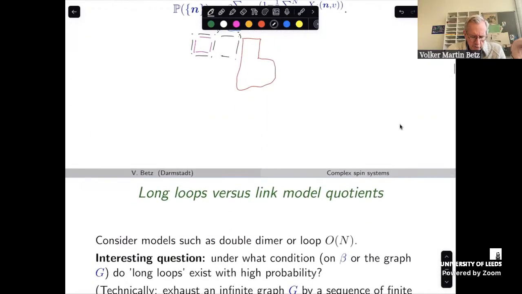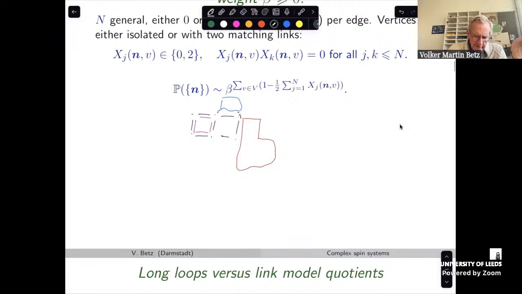So you have a huge graph, much bigger than the one I showed you here, and the question is, okay, now you say this is a probability on loop models, and many of these loop models have somehow this notion of connectivity.